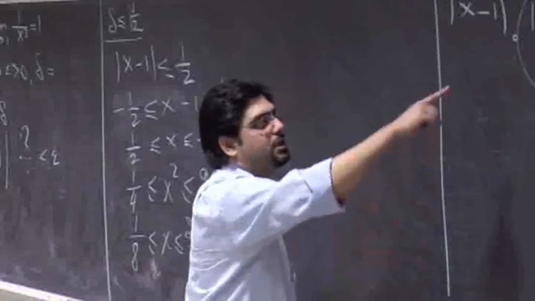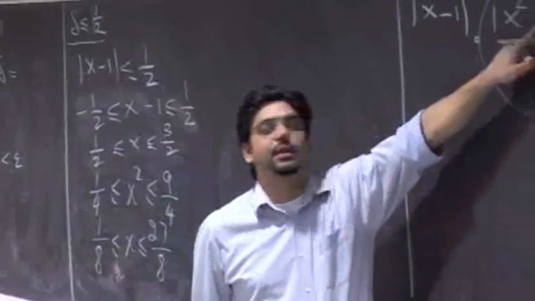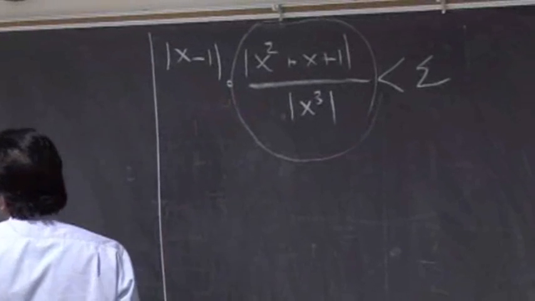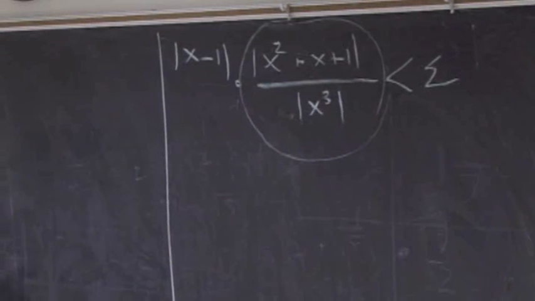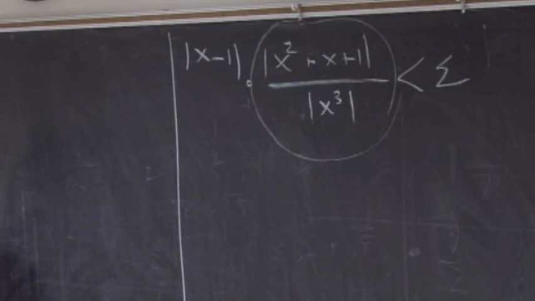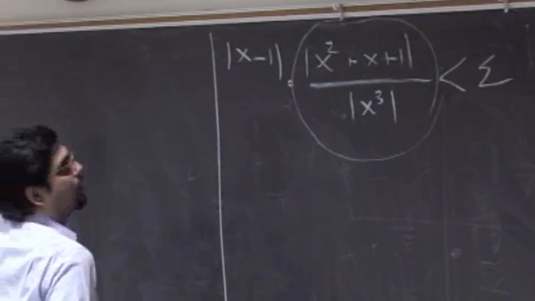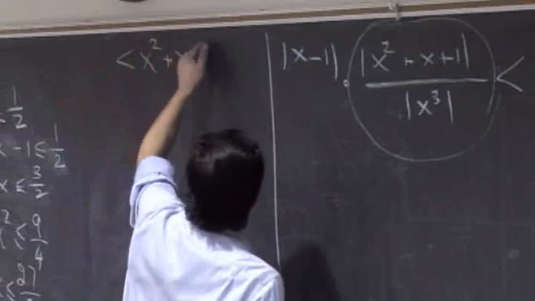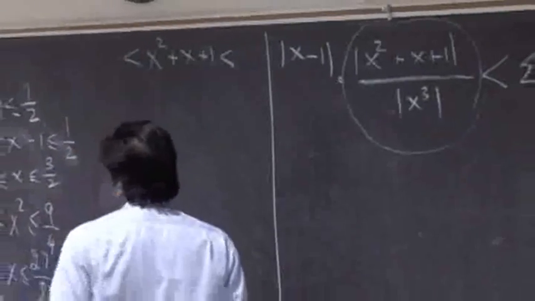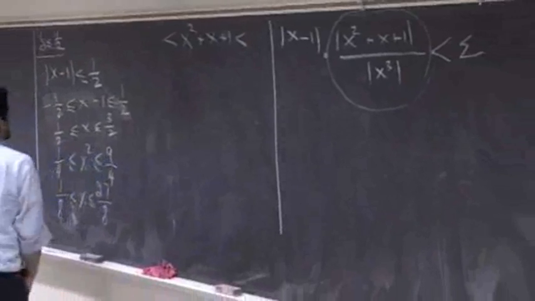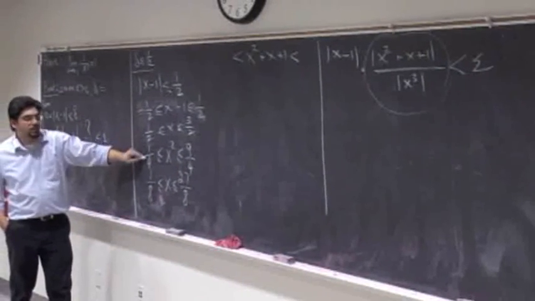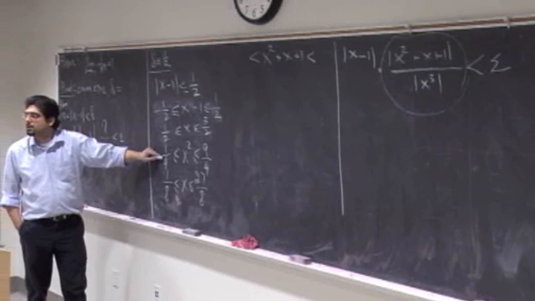So let's try to find a size for the top one. Everything's positive, right? Everything's more than 1/8, so we can just drop the absolute value. Between what two numbers will this be? It's not very hard to figure that out. x squared plus x will be between these two, added together.